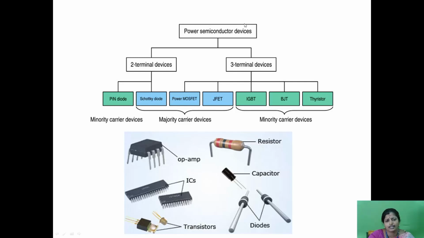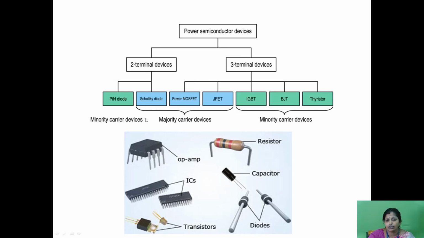In circuit designing, the electronic circuit lab, ECE and EEE labs, and power semiconductor devices are used. Chips are analyzed: two-terminal devices, three-terminal devices, and chip IC fabrication. Two-terminal devices are the PN diode and Schottky diode, and three-terminal devices are the power MOSFET, JFET, IGBT, BJT and thyristor. These charge carrier devices are produced using semiconducting materials.